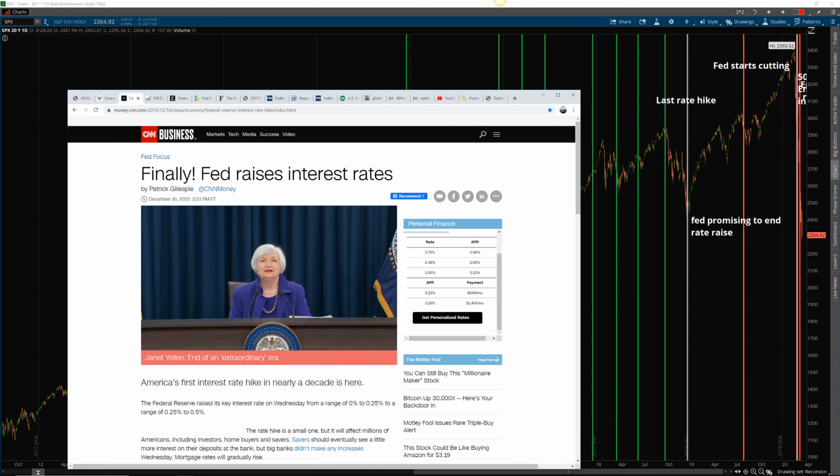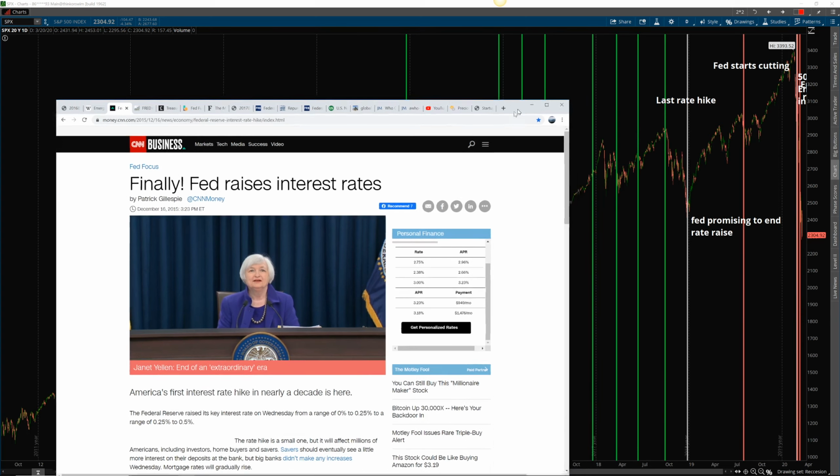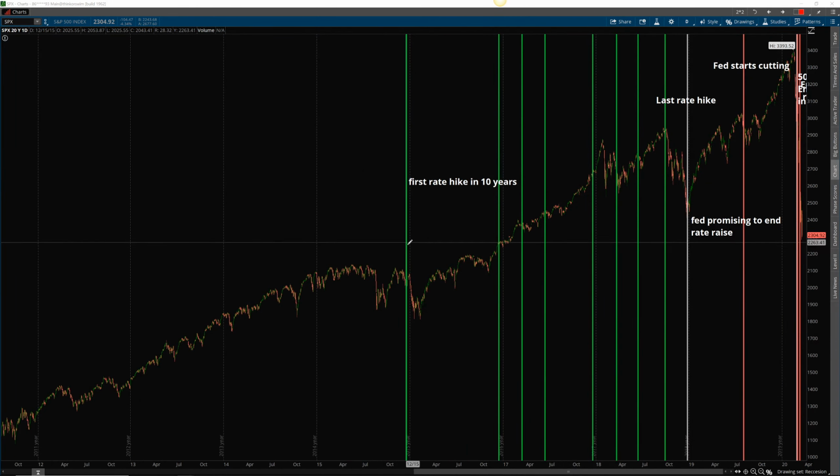So this is the Fed coming out of the decision to cut rates. At this point in time, they think the economy is strong enough to withstand higher rates. These green lines are all interest rate increases out of 0.25%. You will see we had a rate increase in December of 2015.